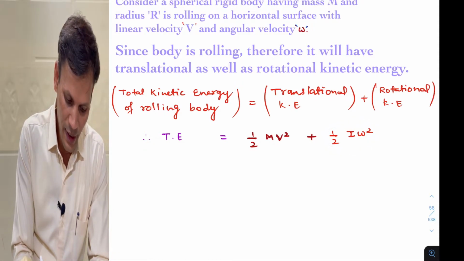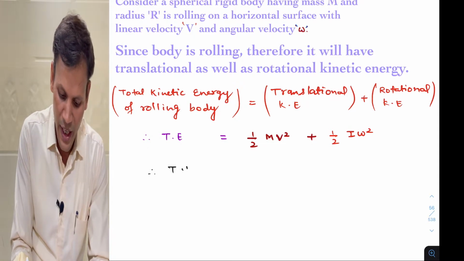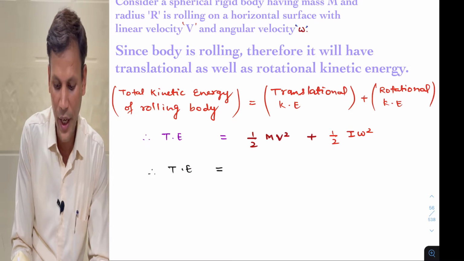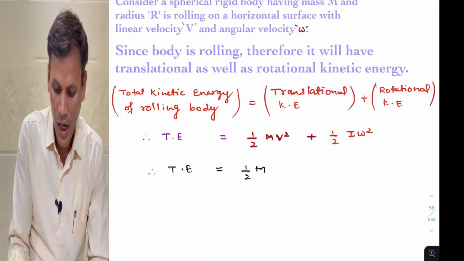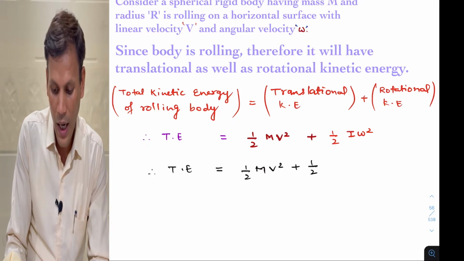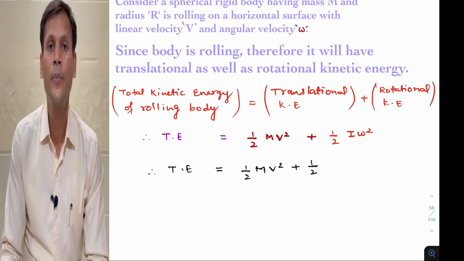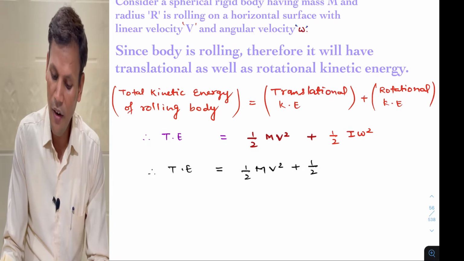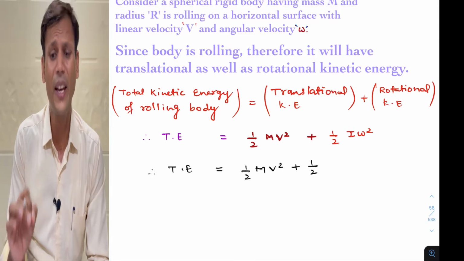We can write the total energy of a rolling body on a horizontal surface as half mv square plus half I omega square. But one thing I will say: instead of I, I will write I is equal to mk square.